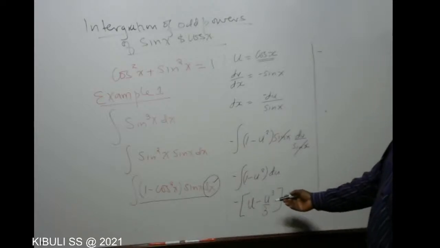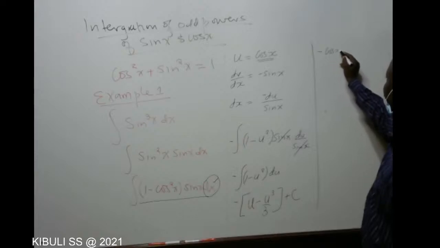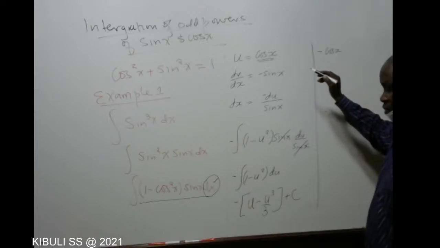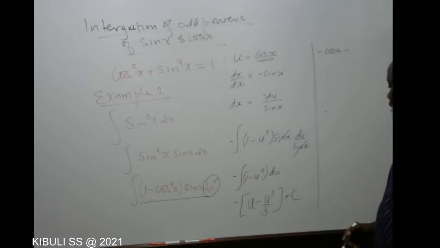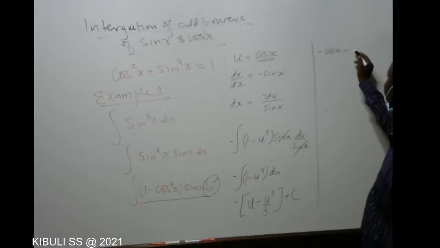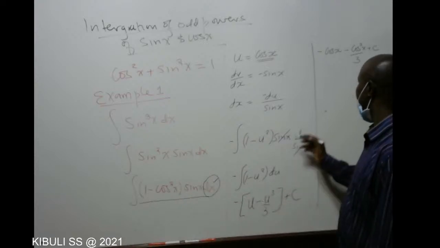And therefore I'm going to have negative u is negative cos x, minus cos cubed x over 3, plus a constant c. But this is a minus, which becomes plus here.